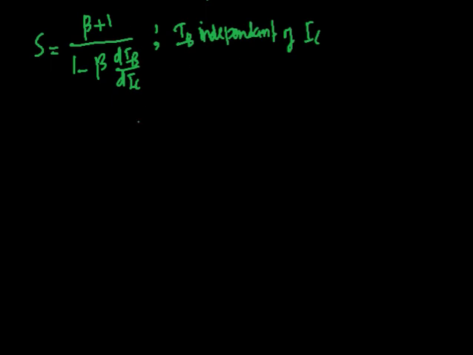So dIB by dIC is equal to 0. If you put it here, you will get S equal to (beta plus 1) divided by 1, so S is equal to beta plus 1. That means the stability factor is very high.